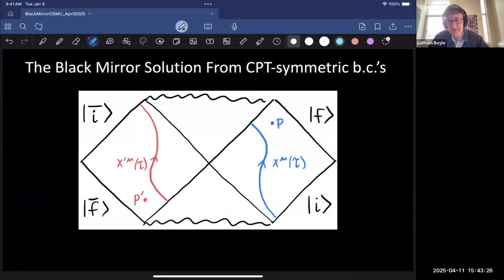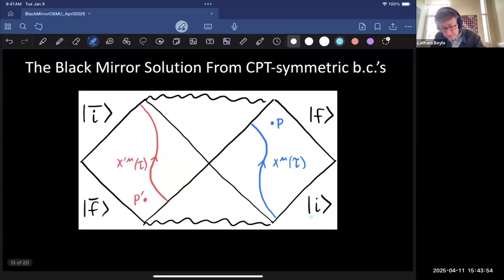So what are some reasons to be interested in it? Why should you take it seriously as opposed to the traditional black hole solution? Well, the first thing to point out is that it would be the relevant stationary point of the path integral if the boundary conditions for the path integral were CPT-symmetric. So here I've schematically sketched.